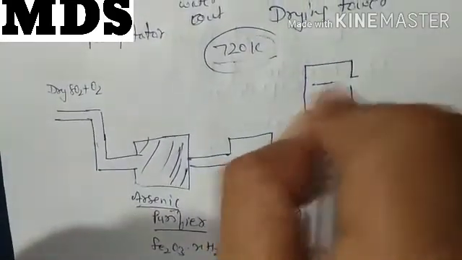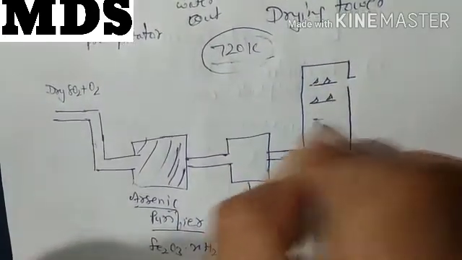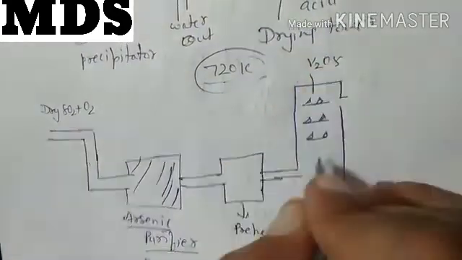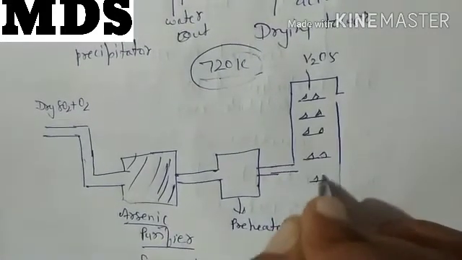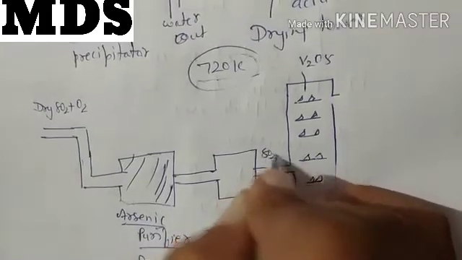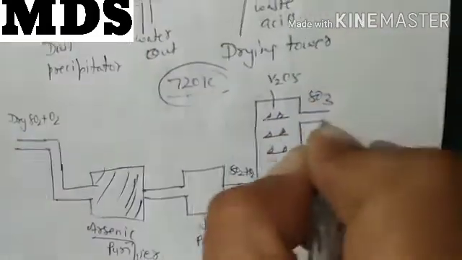The catalytic converter has beds over which a catalyst is found. Which catalyst? Vanadium oxide. Okay, it will be shown in the diagram. So from here you will see that SO2 plus O2 we are giving, but the output will be SO3 there.